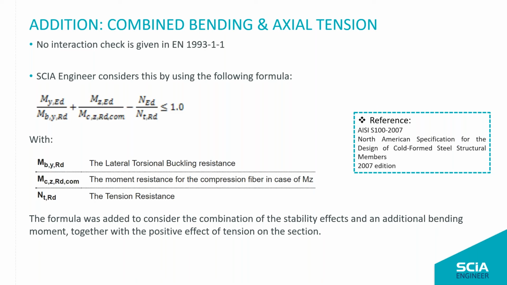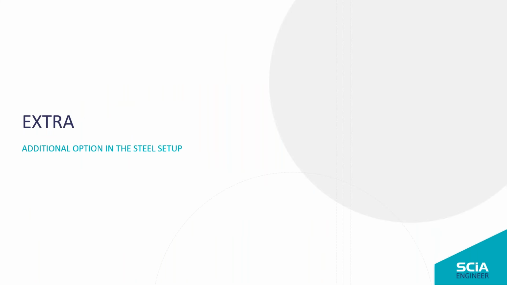We wanted to still consider the effect of combining our lateral torsional buckling with a secondary moment on the section, while considering the positive effects as well of the axial tension. So this is an added check in our version of the Eurocode application.